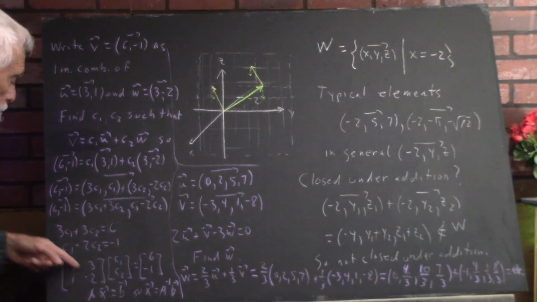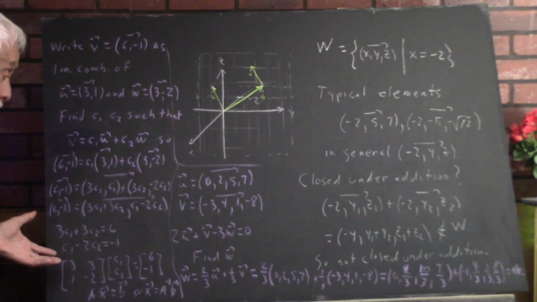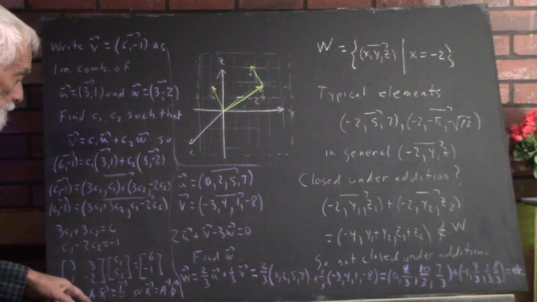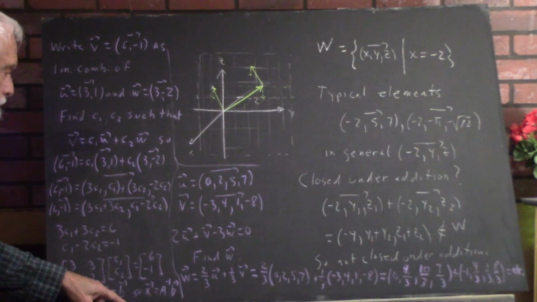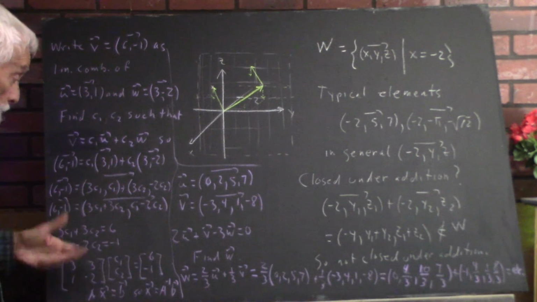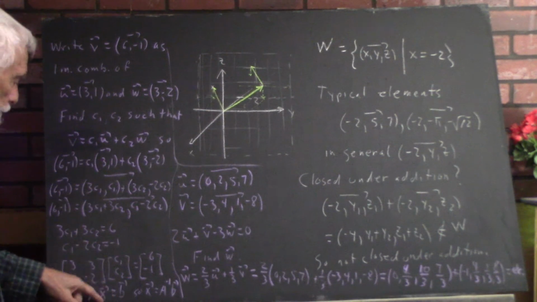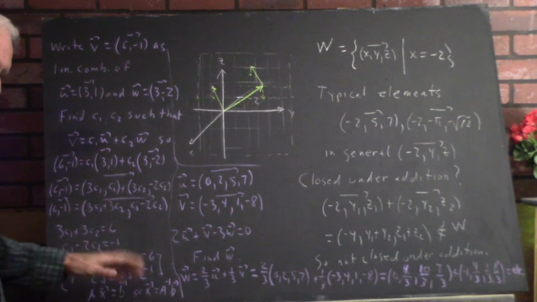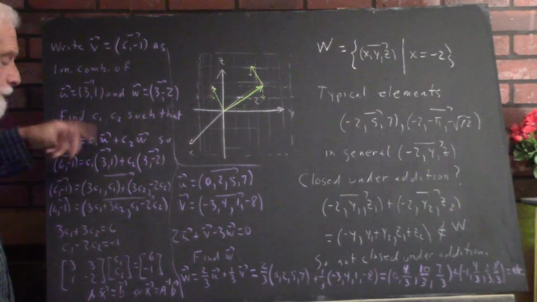The determinant of this matrix is negative 6 minus 3, negative 9. It's certainly not 0, so this matrix is invertible, and we have a solution. Now, I haven't found the solution. It's pretty easy to invert a 2 by 2 matrix. We can do that, multiply by (6, negative 1), and find C1 and C2. I haven't done that step; I would leave that to you, but there it is.